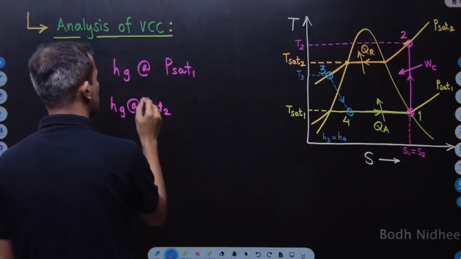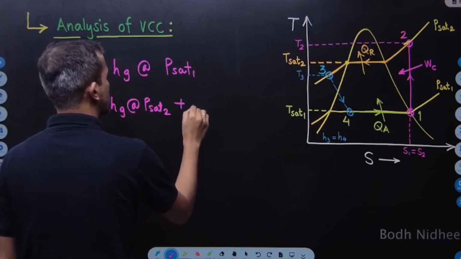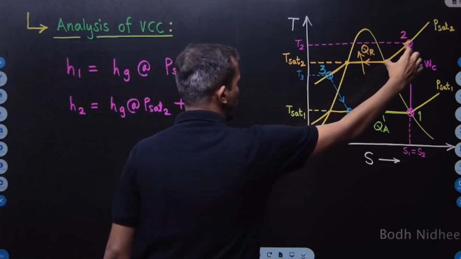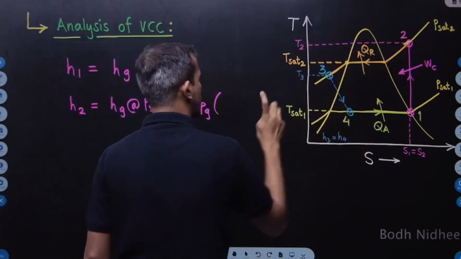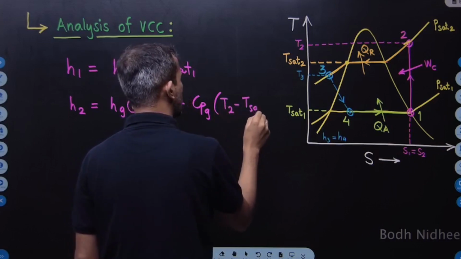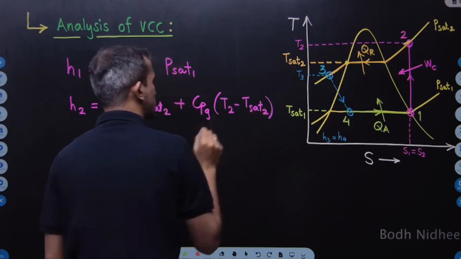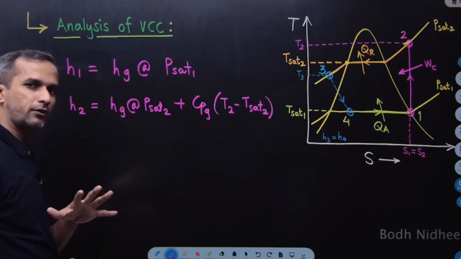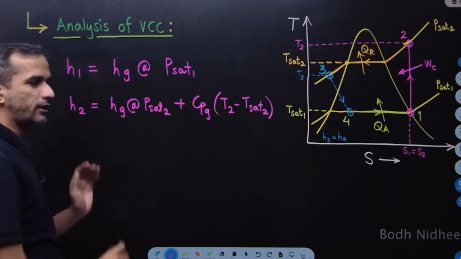So at Psat2, this is Hg plus Cpg delta T. Delta T means the degree of superheat, T2 minus Tsat2. This is from the part of thermodynamics, phase change phenomena of pure substances. If you have learned that, you can write this down.